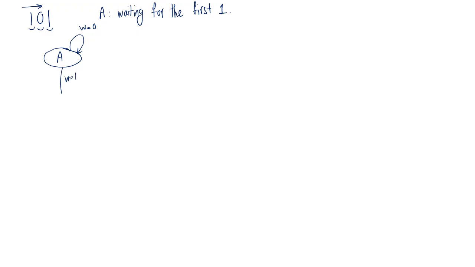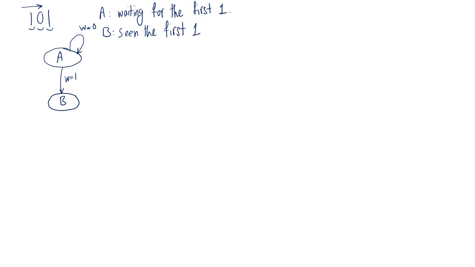Now let's say that I do see a 1. W becomes 1. I go to state B. I'm going to define B as, let's write it down here, seen the first 1.